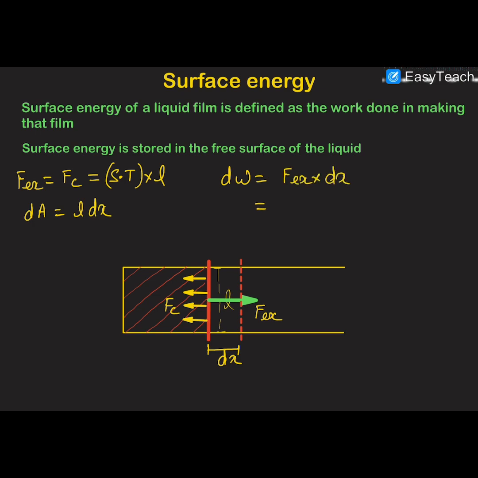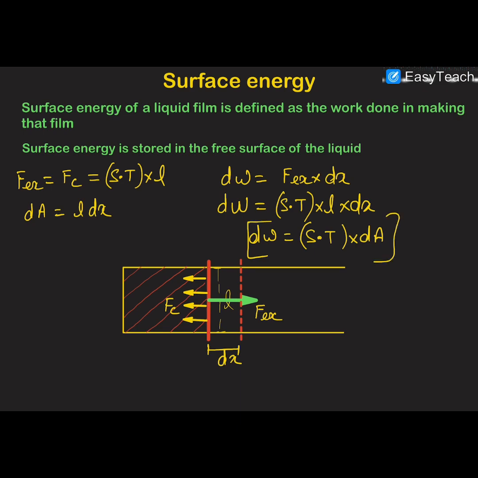Now the value of F external is surface tension into length, into dx, and you can see that L dx is the change in area. So dw is surface tension into dA, where dA is the change in area.